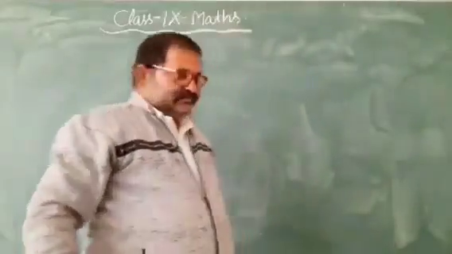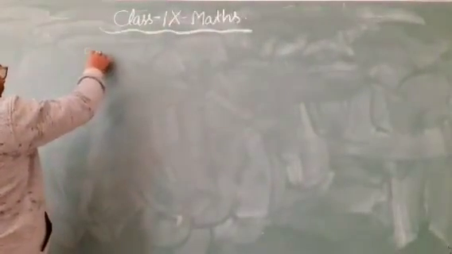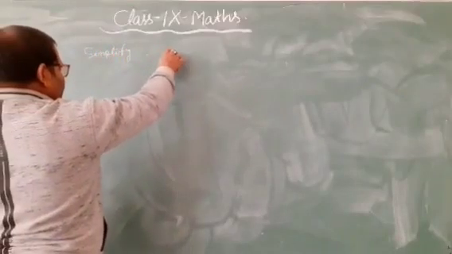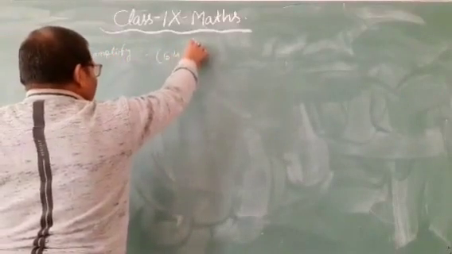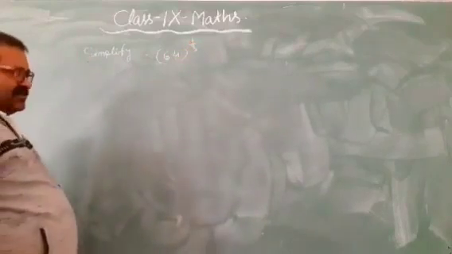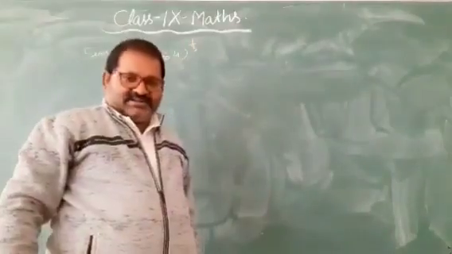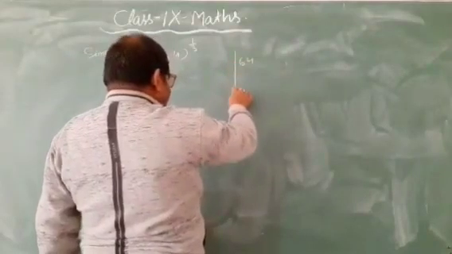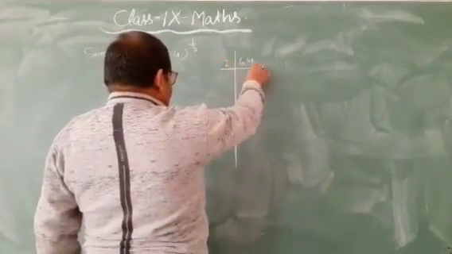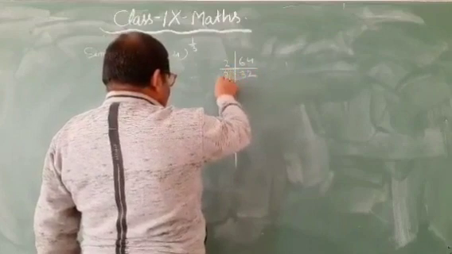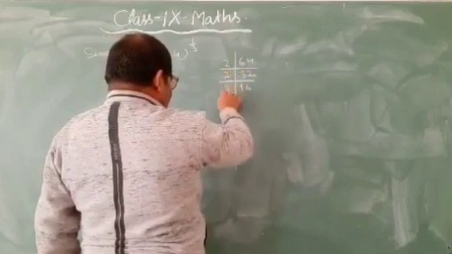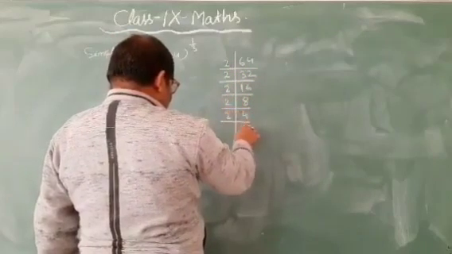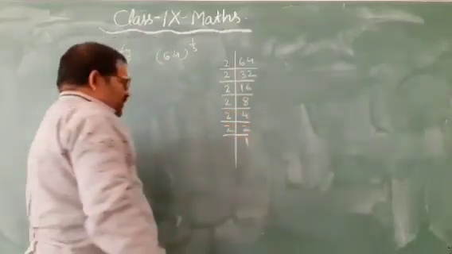Simplify 64 power 1 by 3. Now we factorize the 64: 32, 2, 16, 8, 2, 4, 2, 2 and 2, 1.